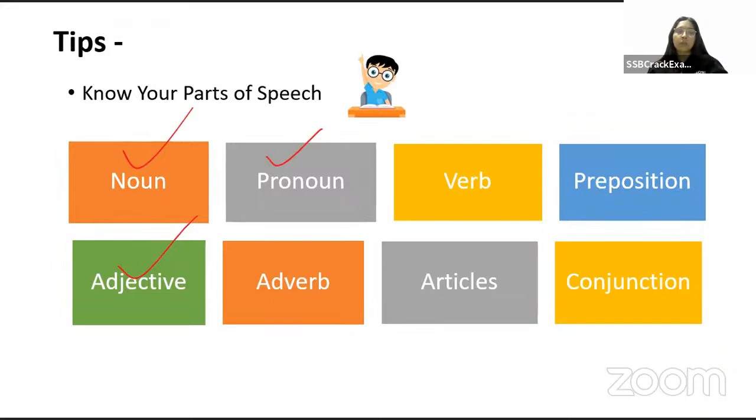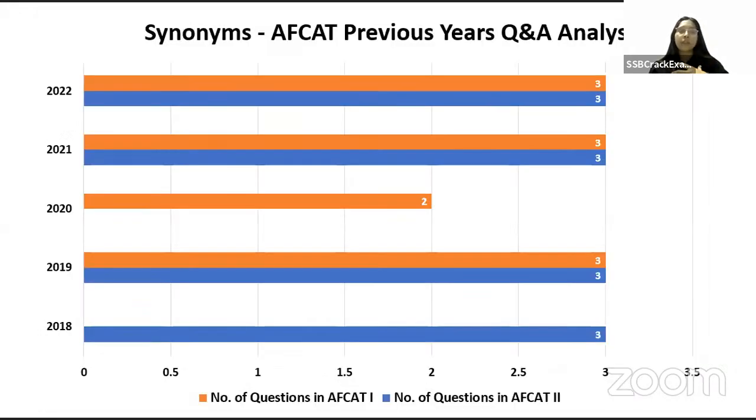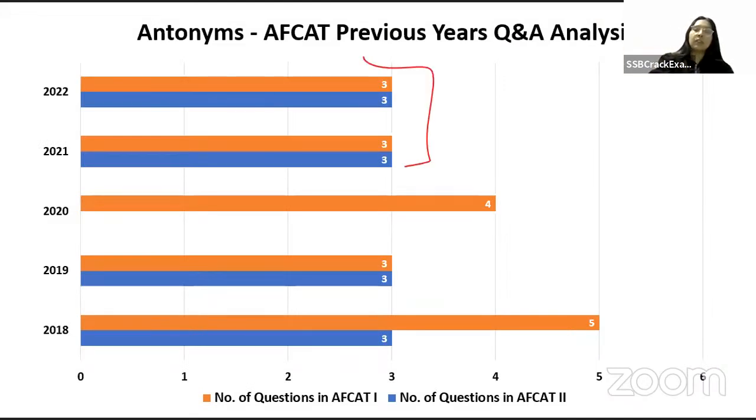So let's quickly move on to the next one, which is going to be synonyms and antonyms. Now, in spotting error you get 4 questions, and they are very consistent with the number of questions. If we talk about antonyms or synonyms, you can see right here three questions, here 4, here 5 as well.